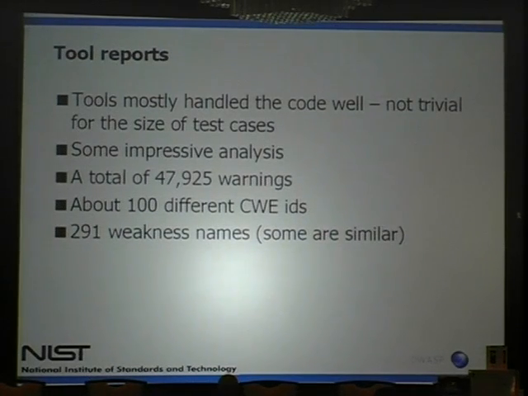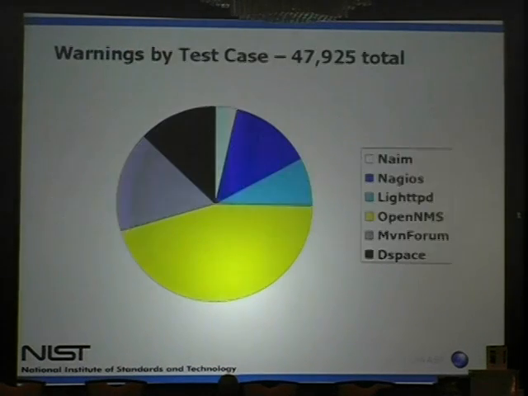By simple calculation, you can come up with man-years to analyze everything thoroughly. And there were about 100 different CWE IDs in the reports, and 291 different weakness names. Of course, some are very similar, so in some cases it was easy to combine them, to understand that they really refer to the same weakness type.